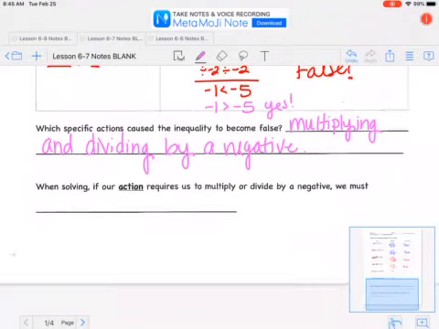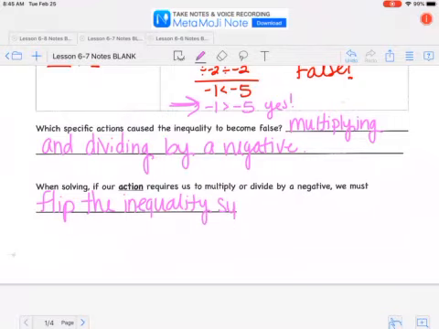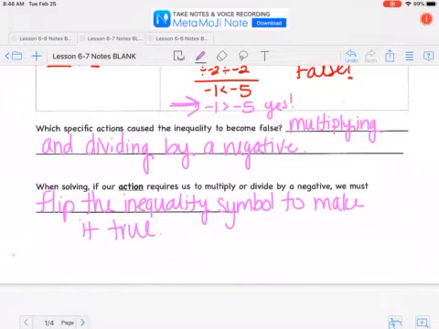Okay, and it says when solving, if our action requires us to multiply or divide by a negative, we must, and this is what I was talking about in pink up here, so we must flip the inequality symbol to make it true. All right, so go ahead and flip it over to the next page.